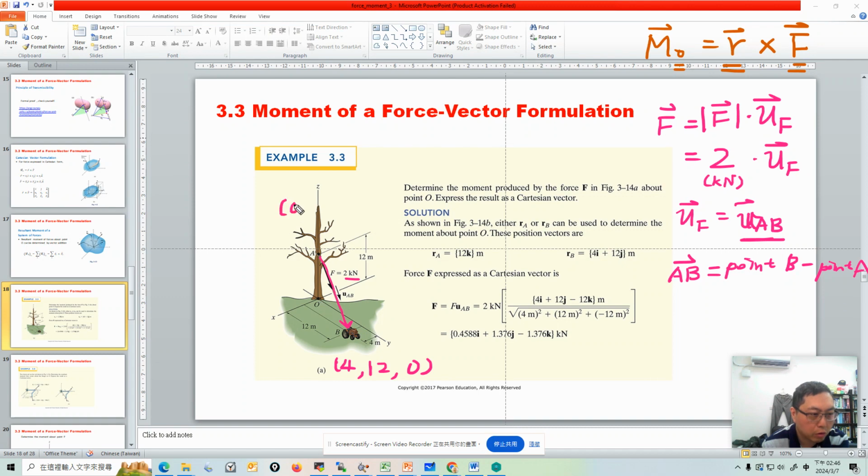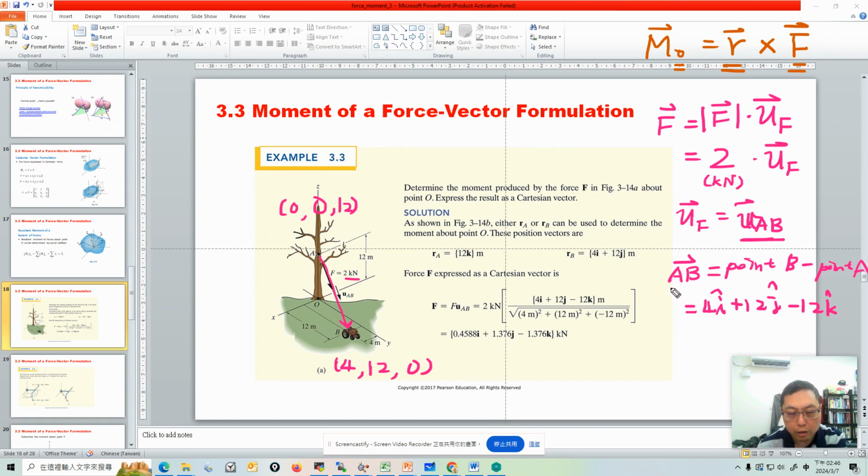X is 0, y is also 0, and z is 12. So the coordinate of A is (0, 0, 12) and the coordinate of B is (4, 12, 0). So the AB vector, just subtract these two: B minus A, so it becomes 4i plus 12j minus 12k.